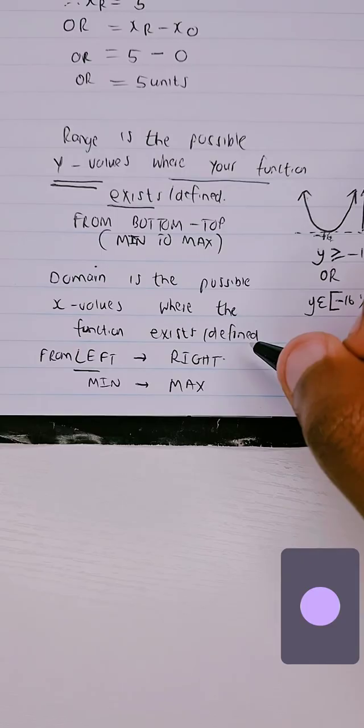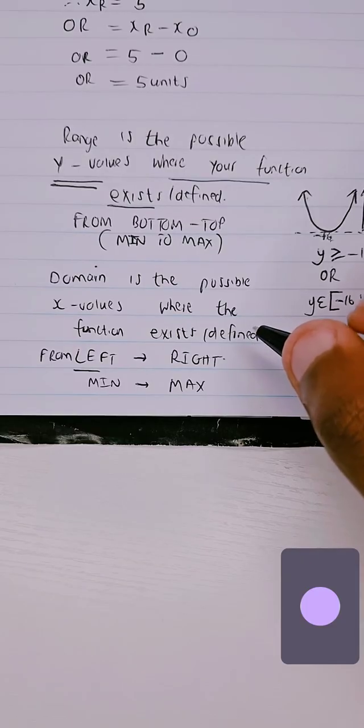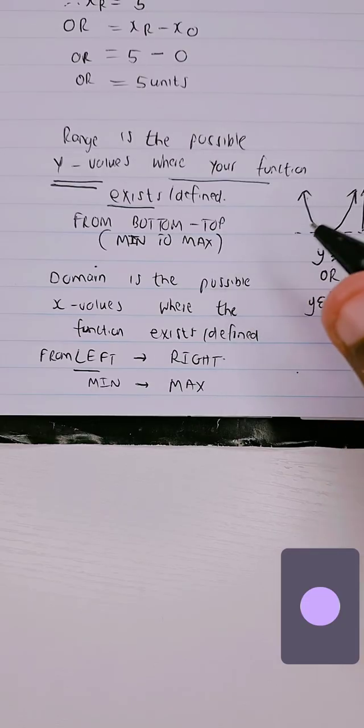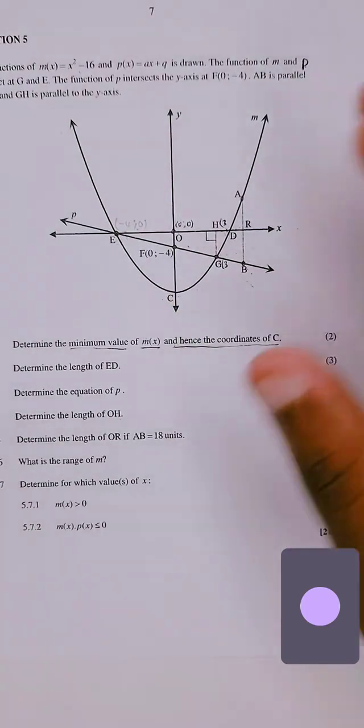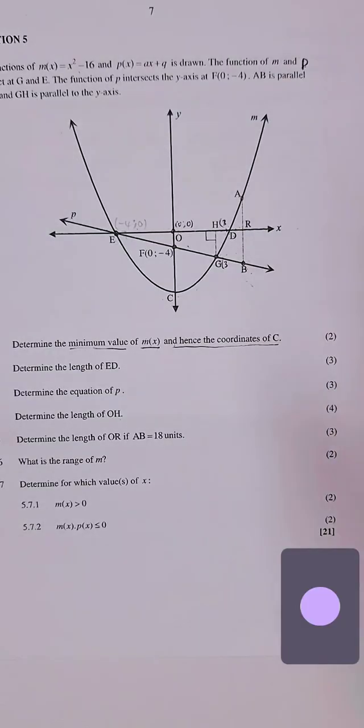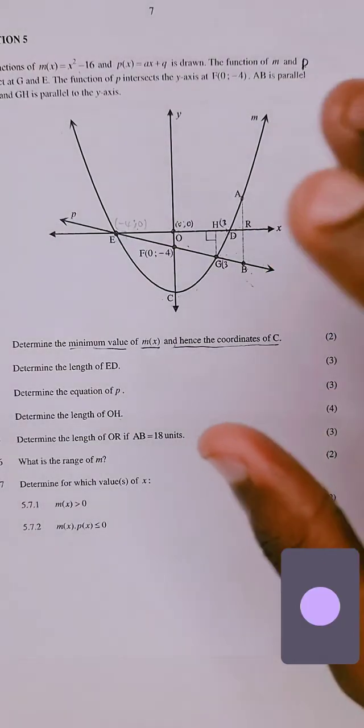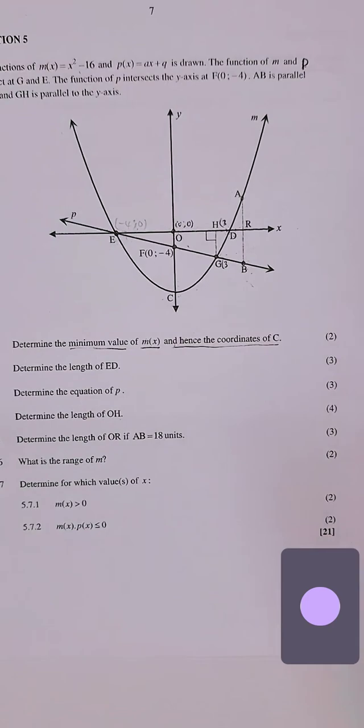From the left, the maximum is going to be infinity. Remember, infinity and negative infinity are not actually values.